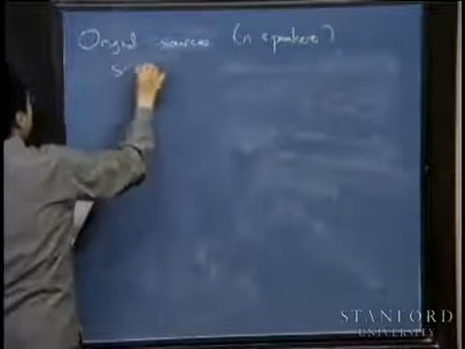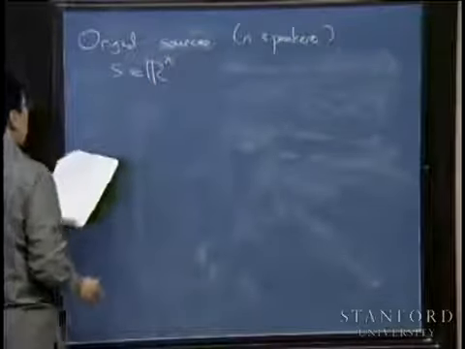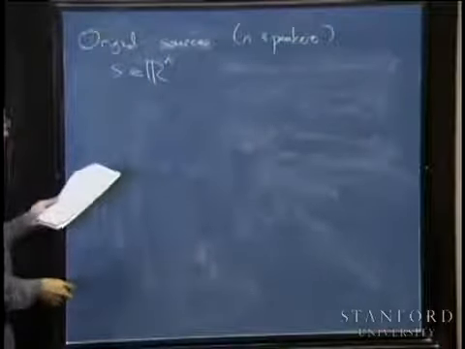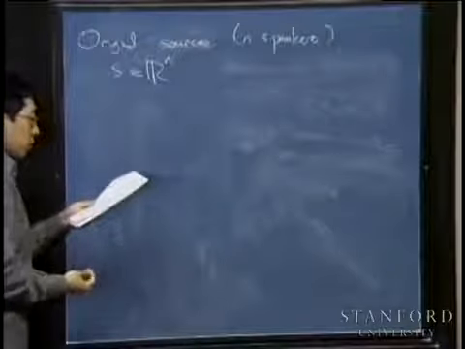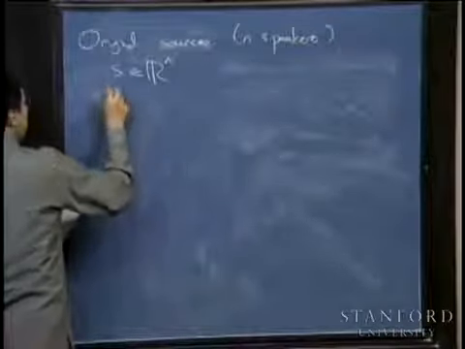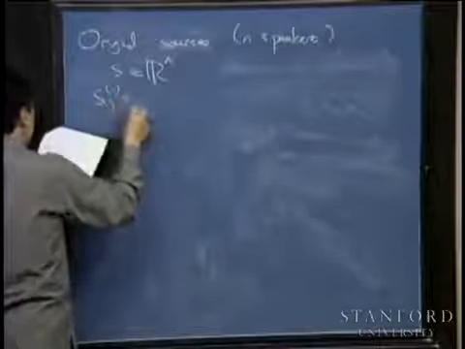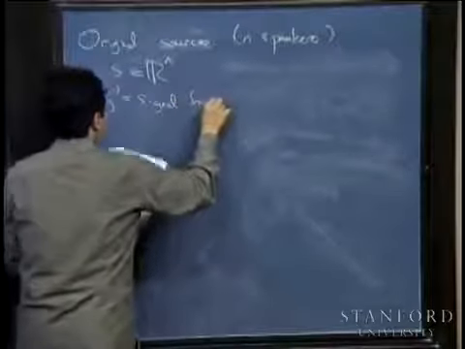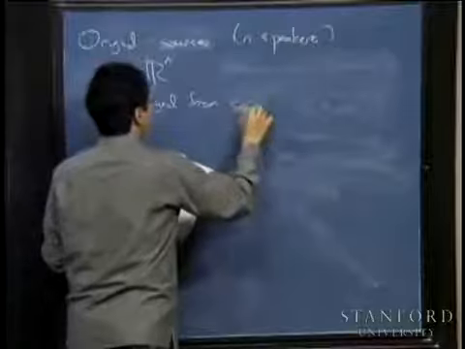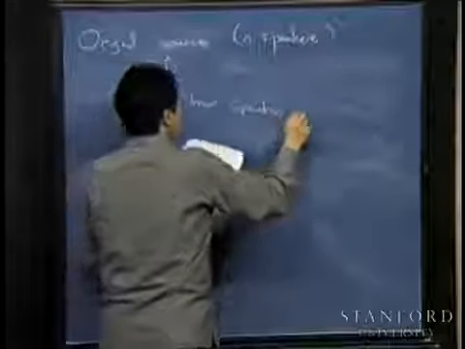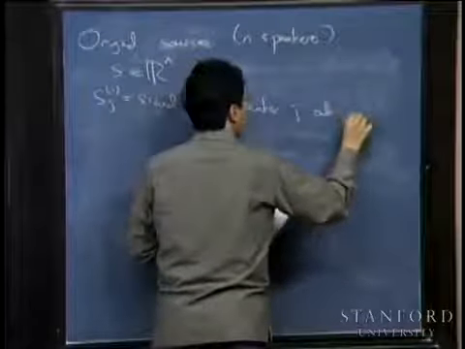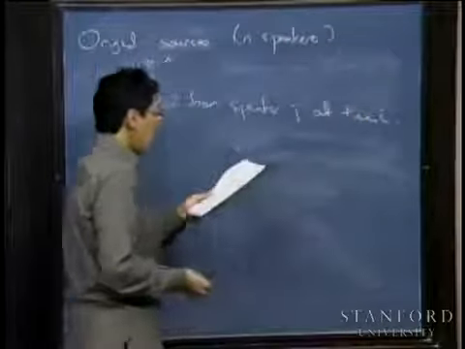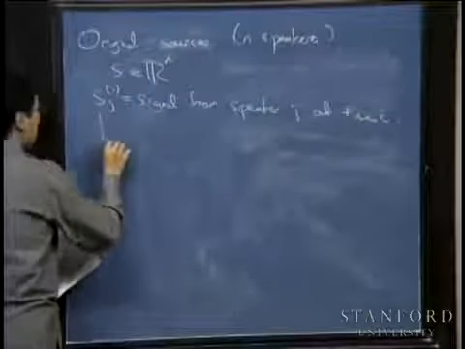The original sources I'm going to write as a vector s in R^n. To be concrete about what I mean, I'm going to use s_j^(i) to denote the signal from speaker j at time i.